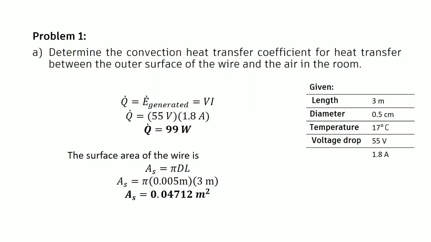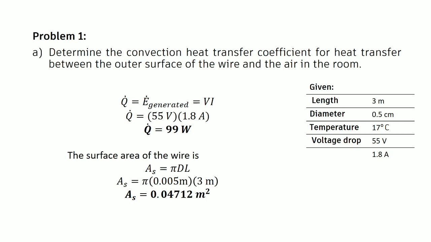First, let us determine the convection heat transfer coefficient for heat transfer between the outer surface of the wire and the room. Since heat loss from the wire will equal the rate of heat generation in the wire as a result of resistance heating, we have this formula.